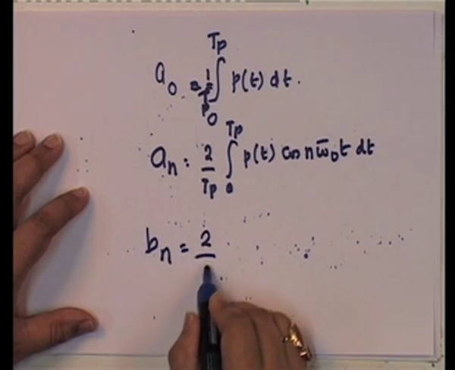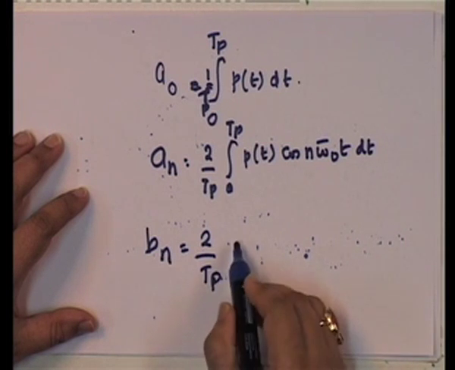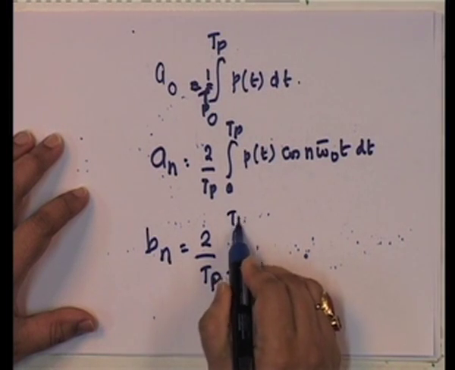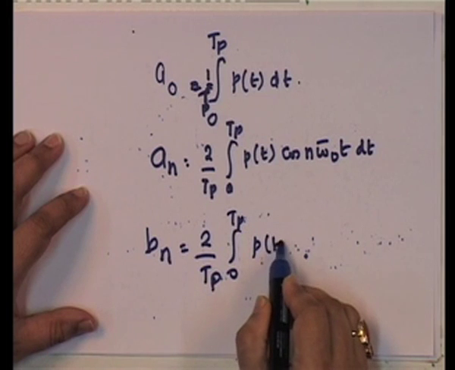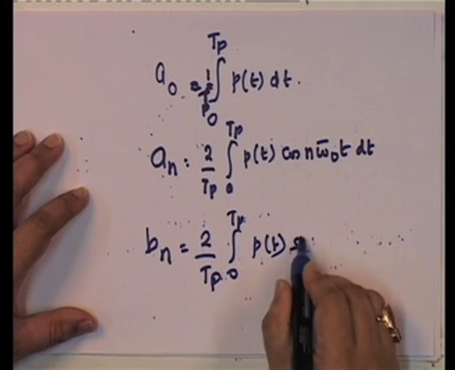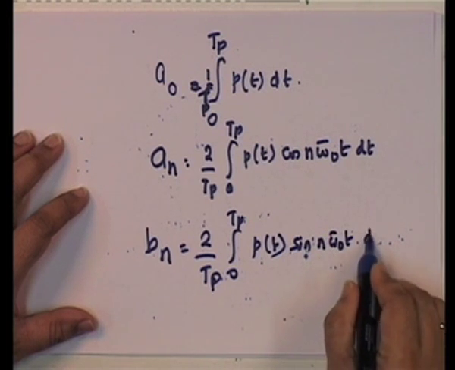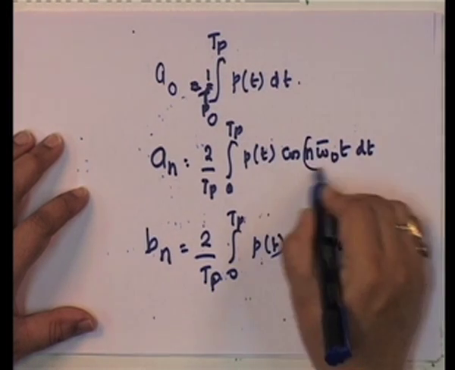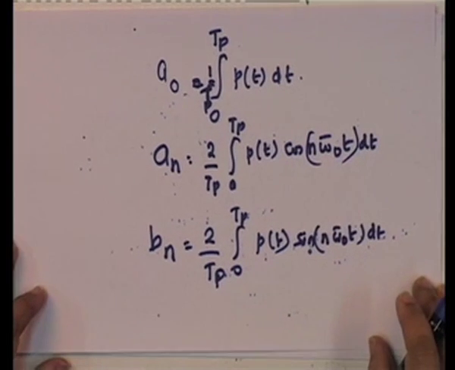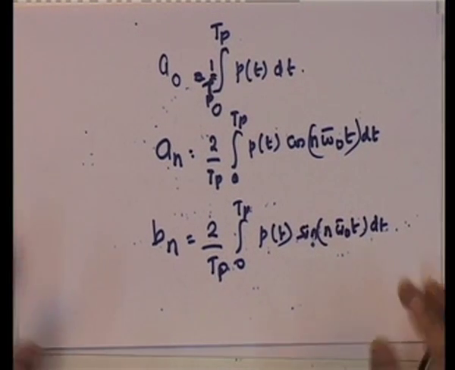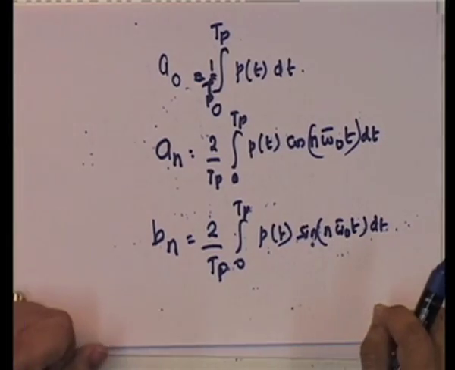Bn is equal to 2 upon Tp, integral 0 to Tp, P of t sine n omega 0 t dt. So these are your A0, An and Bn, in terms of P of t. You can always evaluate A0, An and Bn given any load.